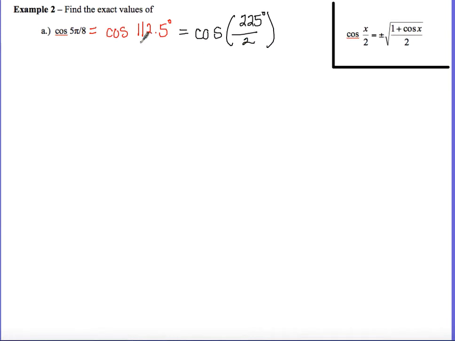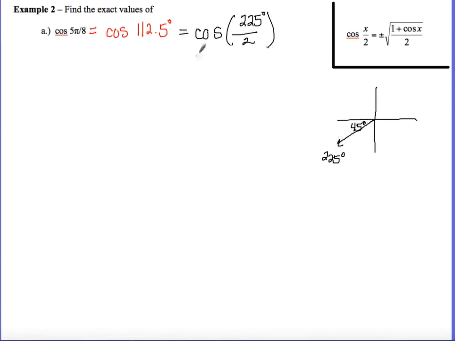Look at that. So our original angle in red is exactly half of 225 degrees, which does have a nice reference angle. Let's sketch it over on the side because we're going to use that a little bit later anyway. The 225 degrees right about here, and that has a nice 45-degree reference angle.